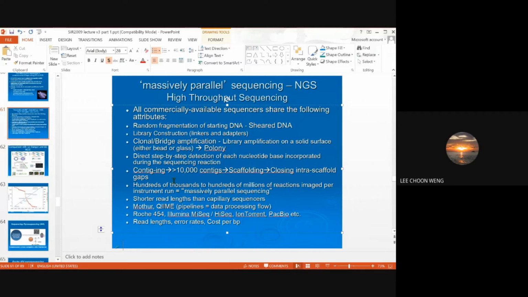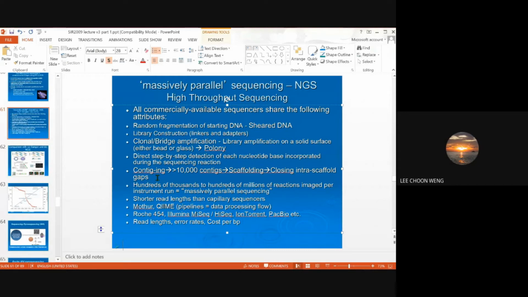Okay. Once you've obtained the sequences from each polony, you have lots of reads now, easily 60,000 reads for one sample. If you're looking for a genome, then you have to start contigging, which means you have to scaffold them.